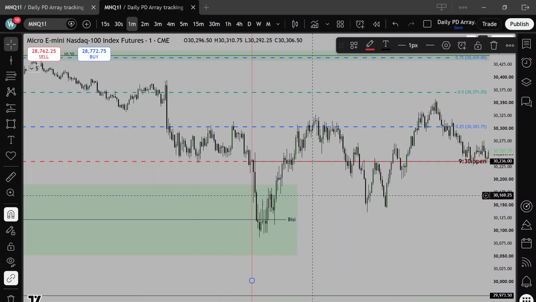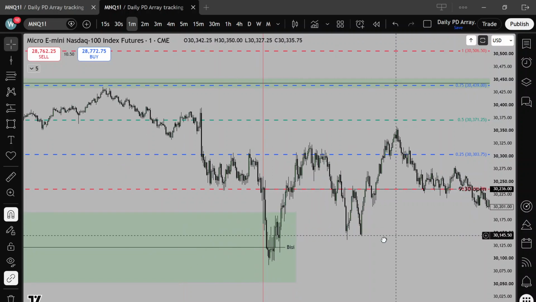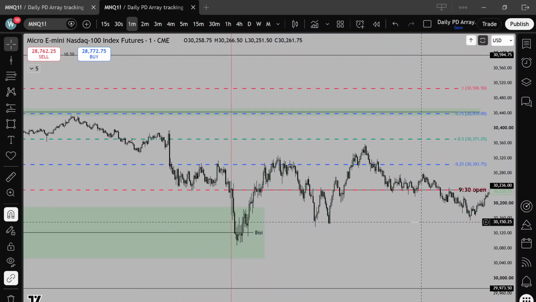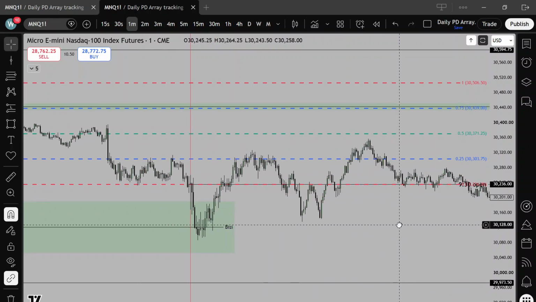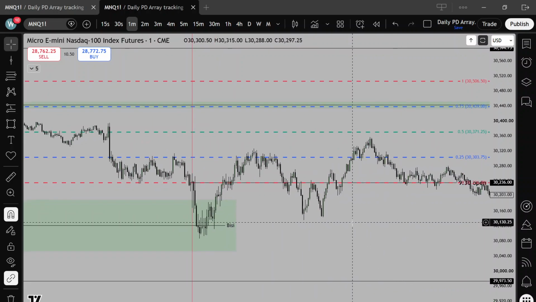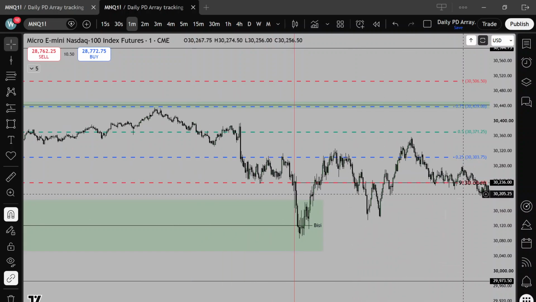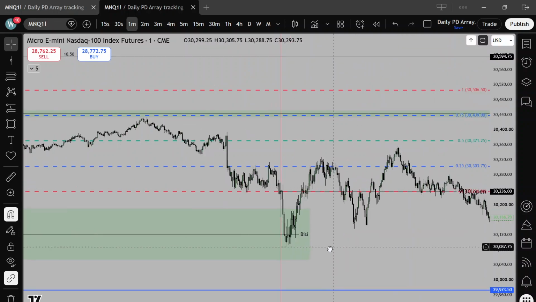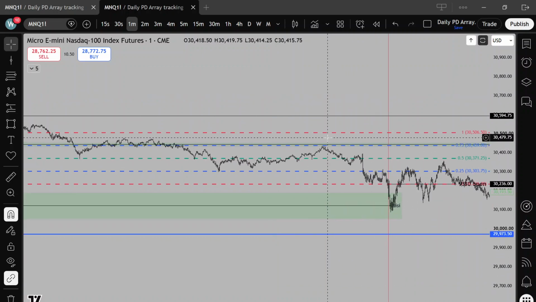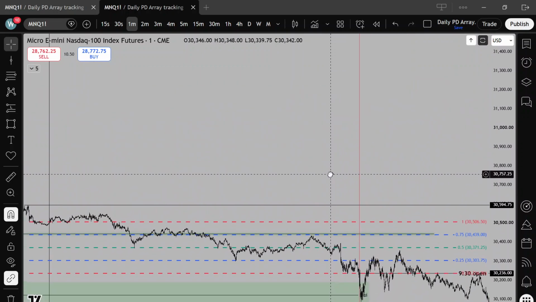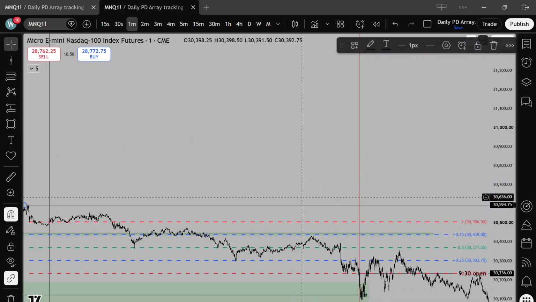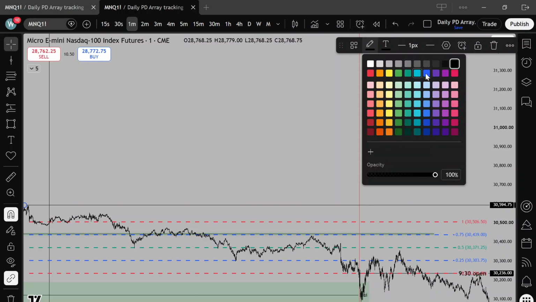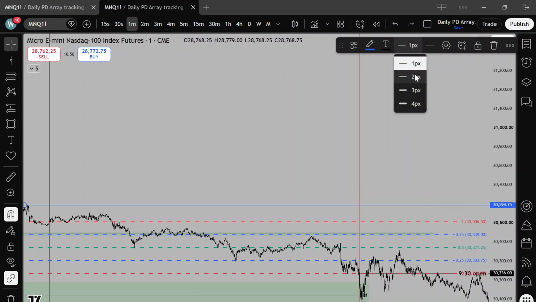So if all you do is mark that out in the first few minutes and know that everything on your chart from a liquidity perspective, I'll make those in blue and we'll make them bigger. And then let's see, right here, blue and bigger.